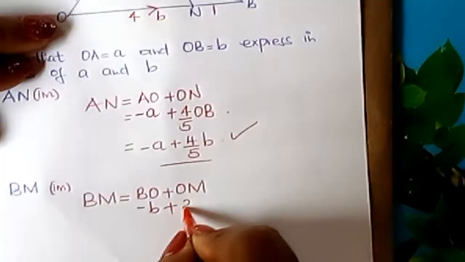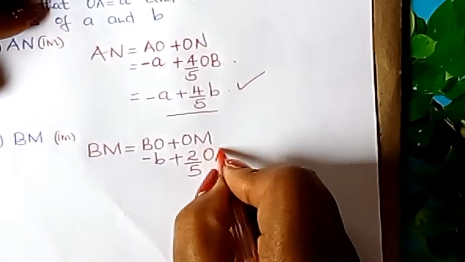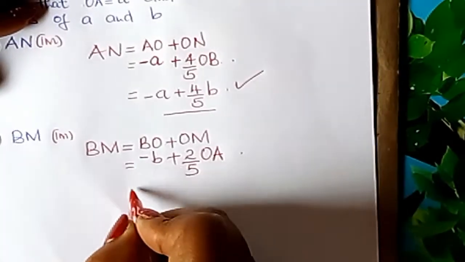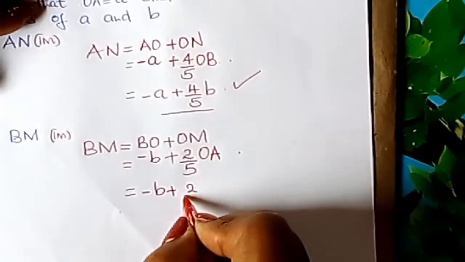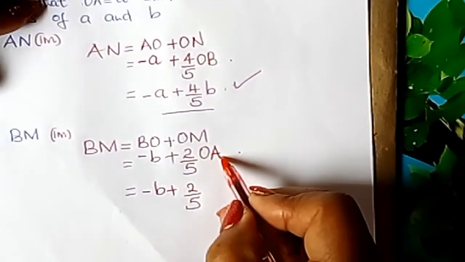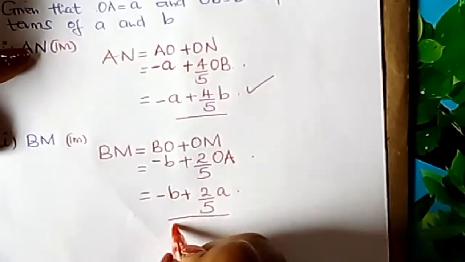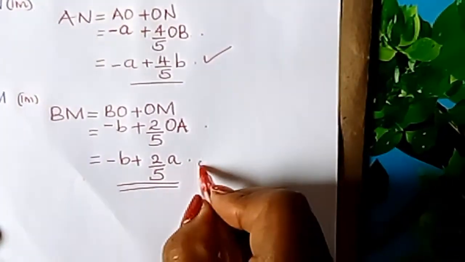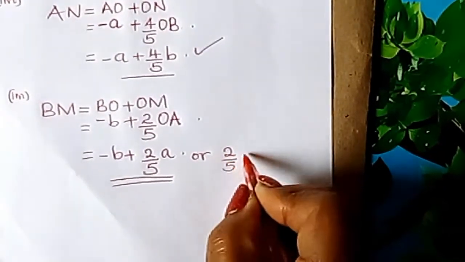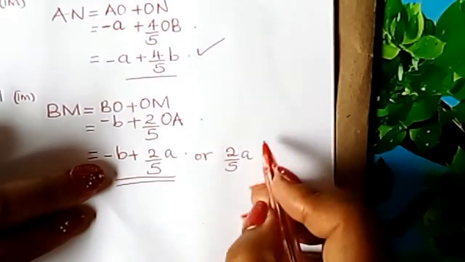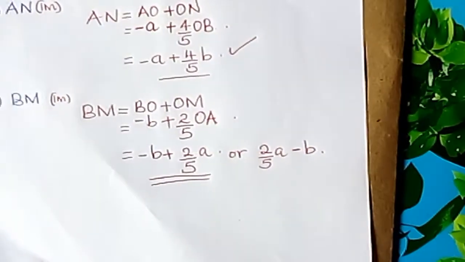You come and write it here, which is equal to minus b plus 2 over 5 OA. OA is small a. And that is your answer. If you wanted to start with a positive one, you can write 2 over 5 a minus b.